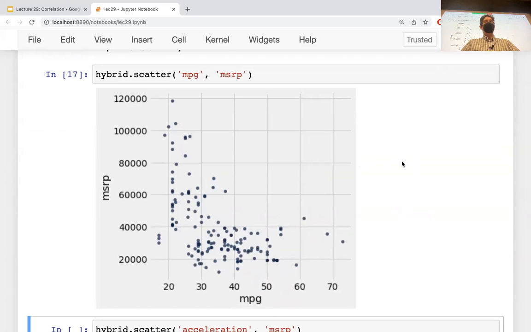All right, who can tell me about the association between fuel efficiency, miles per gallon, and price of the car, manufacturer suggested retail price? Anyone want to try to explain to me what's going on? Yeah. Okay, so there's some kind of negative association.